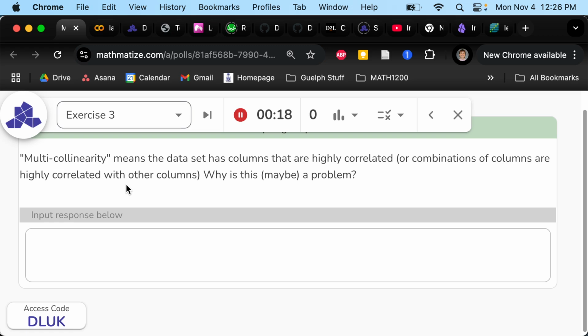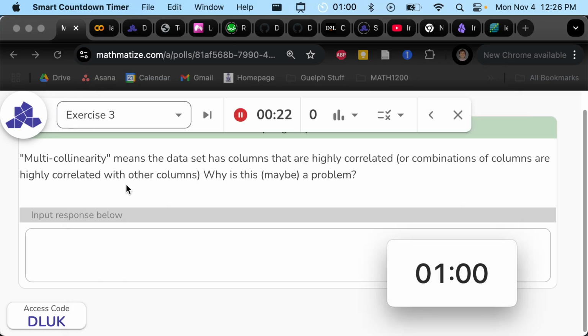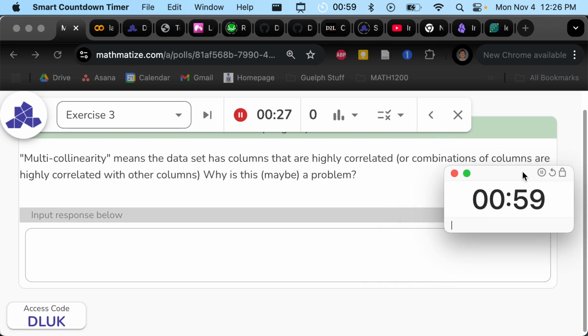Okay, I'll let you think for a minute. If you've never heard of it, you can put in I don't know. But if you have heard of multi-collinearity, try to describe why it is a problem. There's a simple way to understand why it's a problem. What does it do that's annoying?